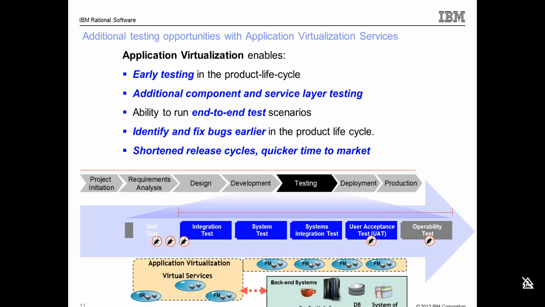We said that we're using virtualized services for the backend systems, which then means as these backend systems become more accessible, more available, less constrained, we start replacing our virtual services with the actual backend systems. And then as we go towards our quality gates at user acceptance tests or operability tests, we are in a more comfortable and less risky area in terms of defects.